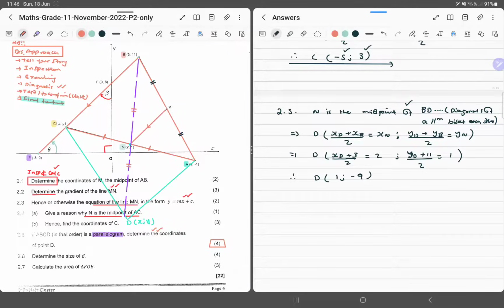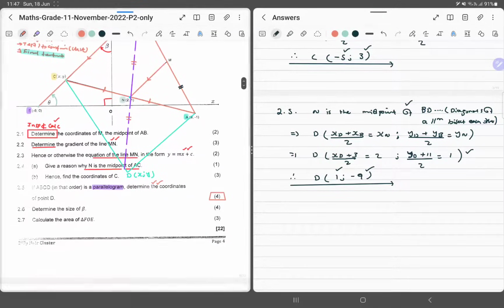Okay, great. So what do we do now? Of course, we're getting 4 marks. I know for a fact that those 2 are going to carry the marks and then the substitutions. And that's how we're getting those 4 marks. Easy stuff, okay? Easy stuff.